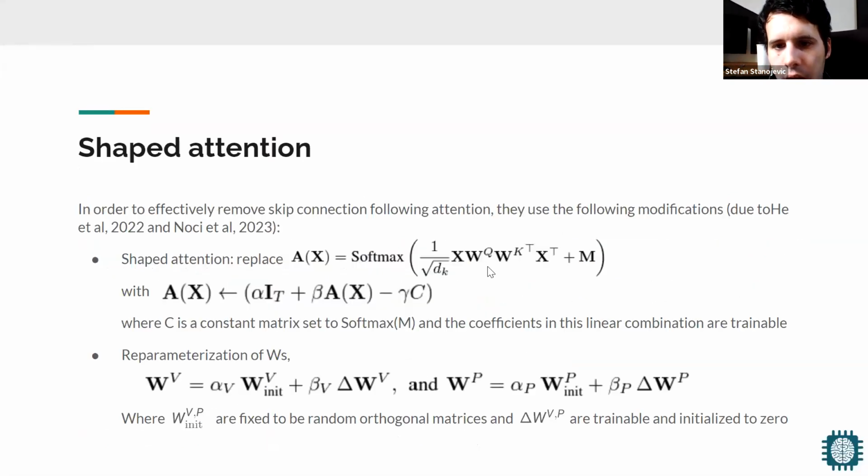And as you can see here, this should be the product of Q and K, where Q is defined by WQX and K is defined by WKX. And then there's also one more element which I didn't mention before, but that's masking.